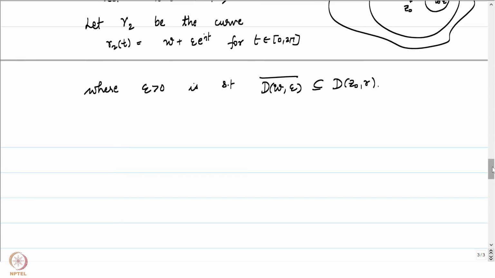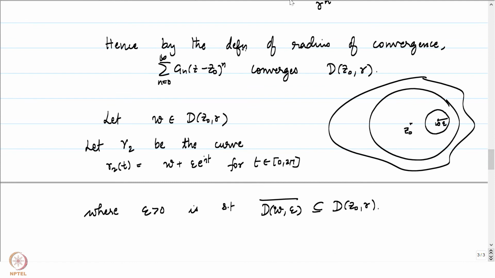Then let's now focus on the domain D-bar(z0, r) minus w. In this domain, by looking at the straight line homotopy again, by looking at the rays which originate from the center and go along straight lines, we will be able to get hold of a homotopy from the disk of radius epsilon around w to the disk of radius r around z0.